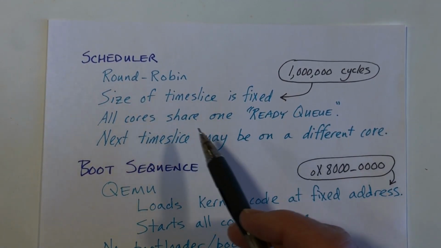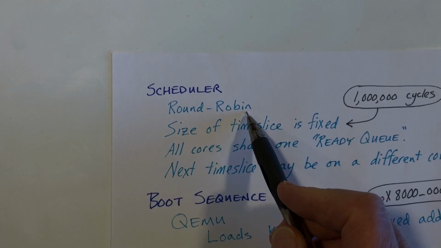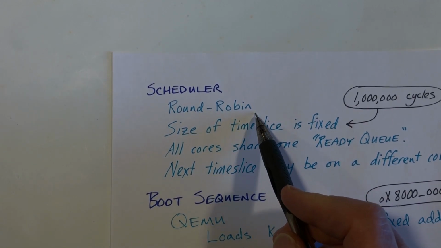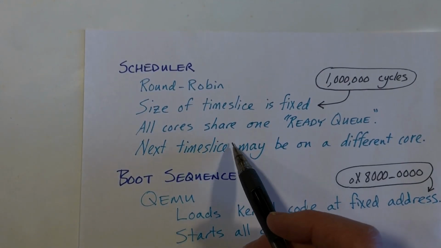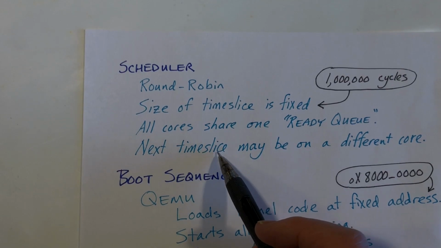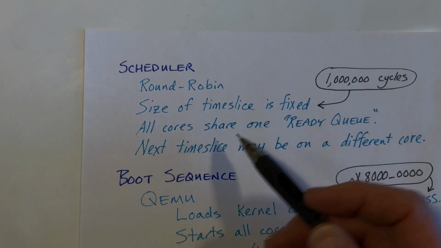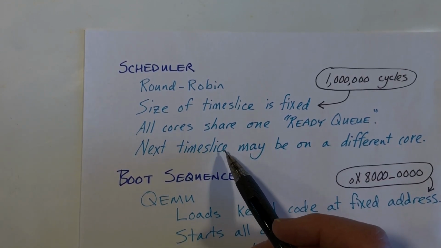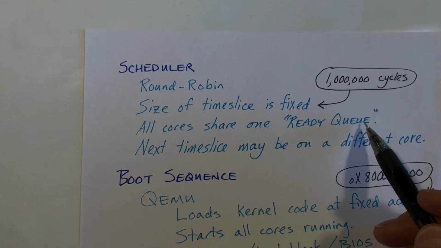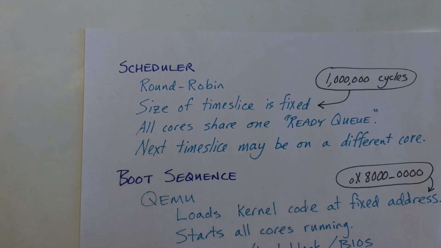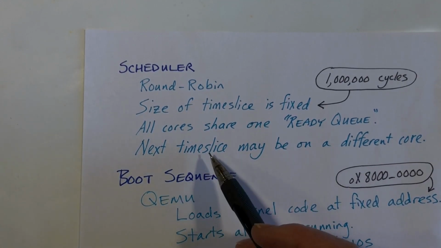And so I said this is a round-robin scheduler. It's not quite round-robin because what can happen is a particular process might be given a time slice, say on core number 1, and then after the time slice completes, the core will put it back on the ready queue and then move on to find another runnable process.